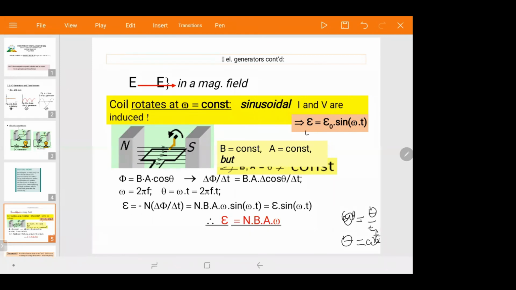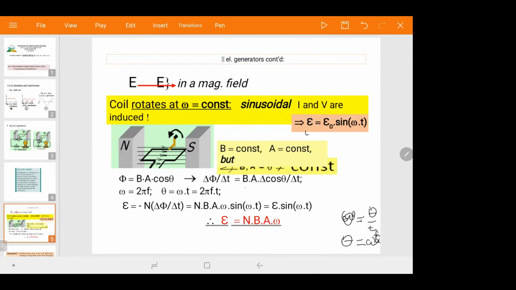So if these are constant, like the one given in this picture, if you are turning a coil at a constant speed in a magnetic field, the magnetic field is not changing, the area is not changing. So what is changing? How do you get induced EMF? It's change of flux that induces EMF. And flux means, as you can see here, B times A times cos omega t.